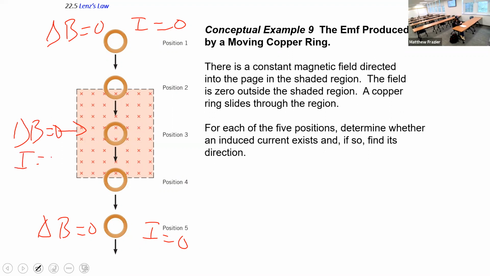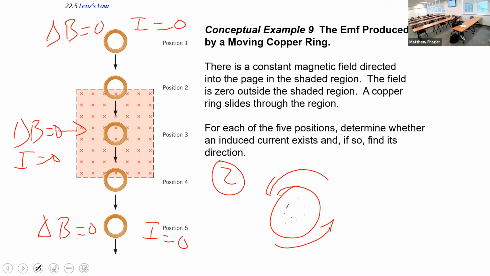So I is 0. So for 2, we're increasing the flux. That's going to go into the screen. So the opposing field that we need is out of the screen. And to do that, you'd grab the bottom of the loop. Yep, it'd have to go this way. That would be your induced current.